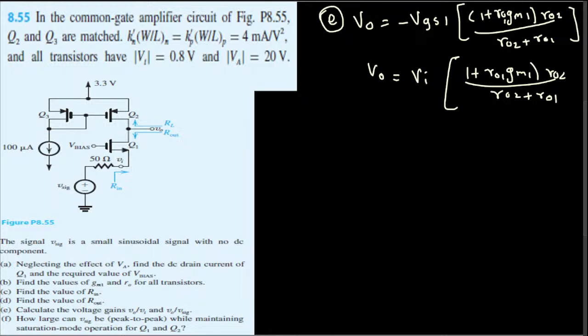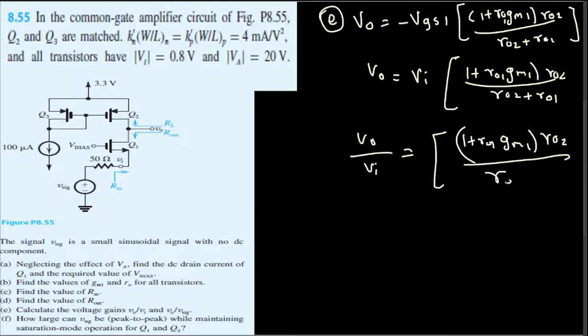According to the question, we are interested in VO over VI, so bring this VI to this side. This is going to be VO over VI, which is equal to 1 plus RO1 GM1 times RO2 over RO2 plus RO1.